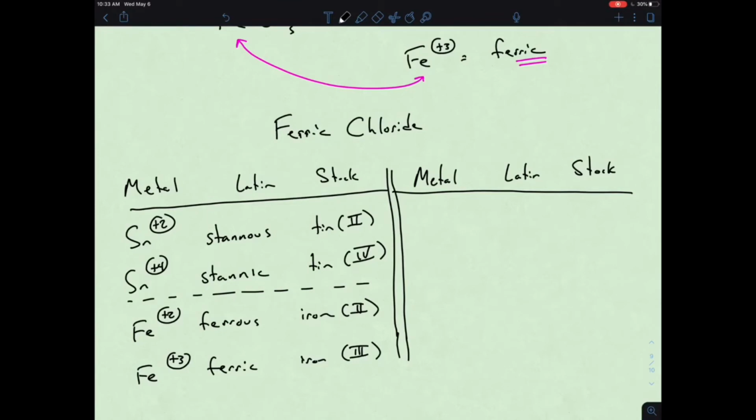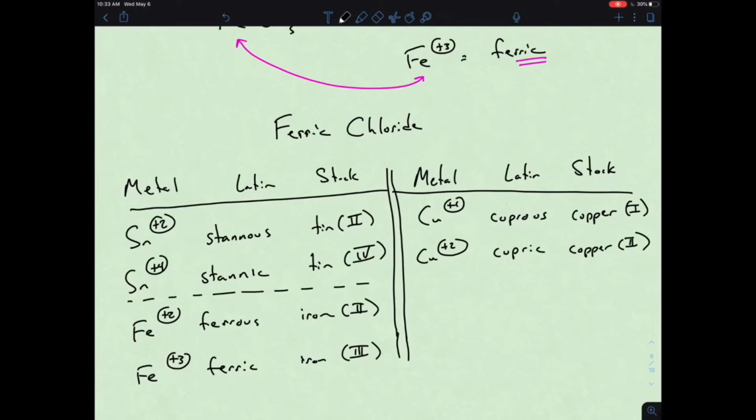And then on the other side, we could look at some of the other ones that we talked about: copper or cupric, and then the last one we could say is the mercurous and mercuric.